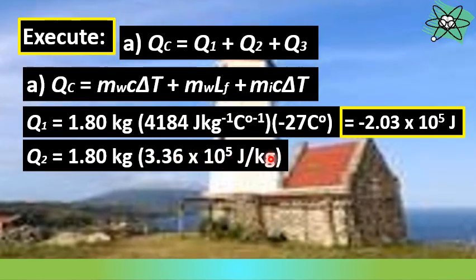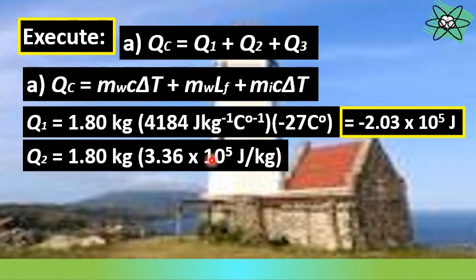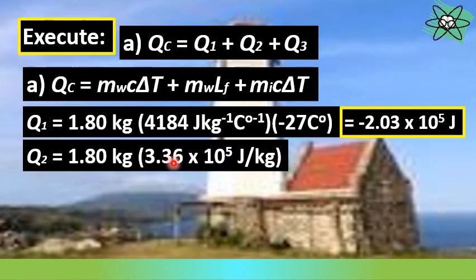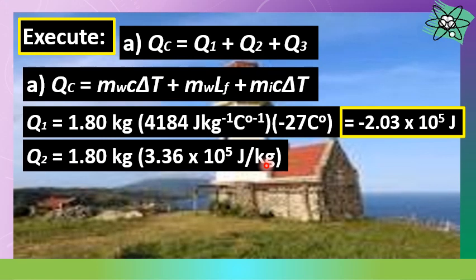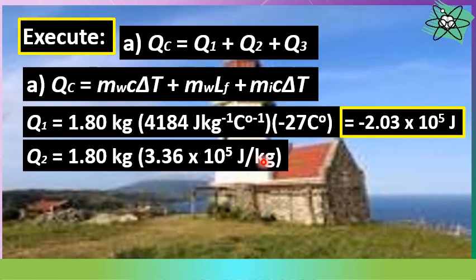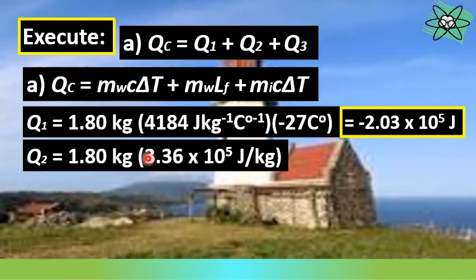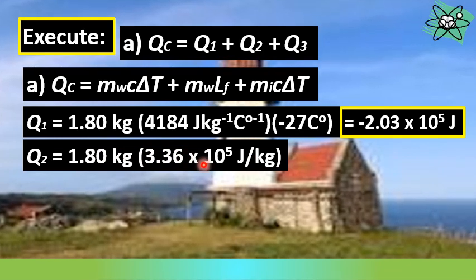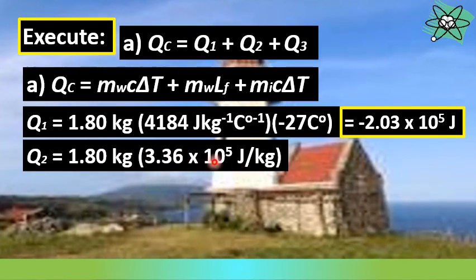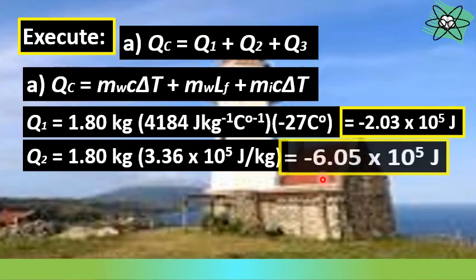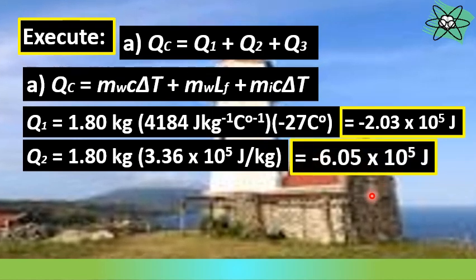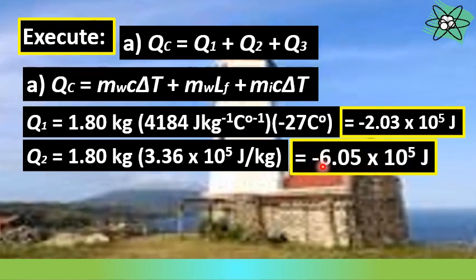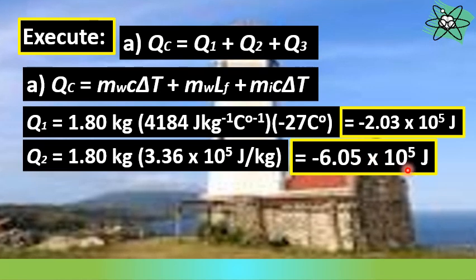Take note, during this phase change, the temperature remains constant at 0 degrees Celsius. So multiplying these values of the mass and the latent heat of fusion gives us the value of Q2 equal to negative 6.05 times 10 to the fifth power joules.